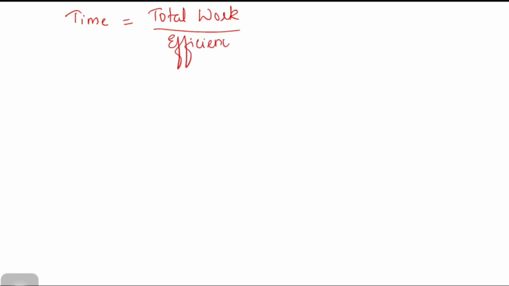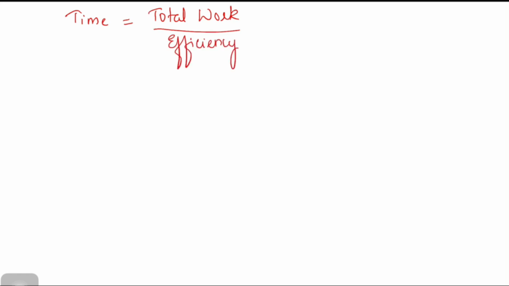Okay, so one important thing we need to remember in time and work chapter is time is equal to the total work done divided by the efficiency of the worker.